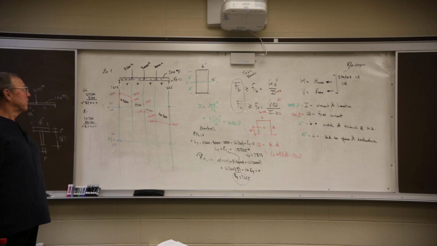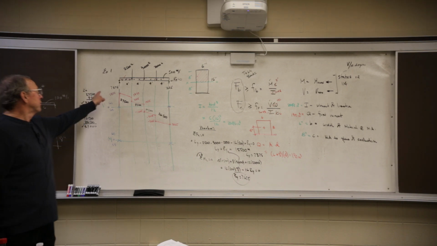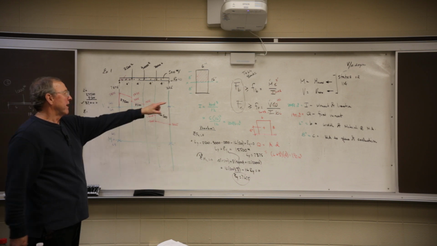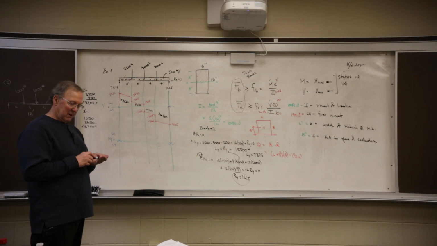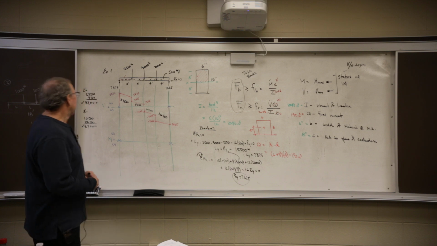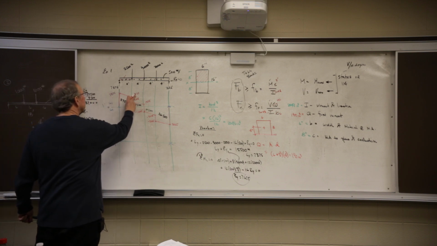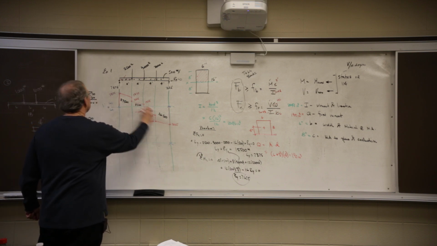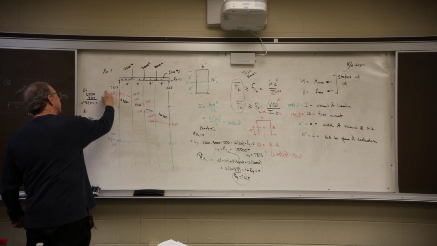Now I've got one of my numbers right now. The biggest absolute value on this picture fills in that V. It's V max. So I've got 78.75. There's the biggest number on that picture.